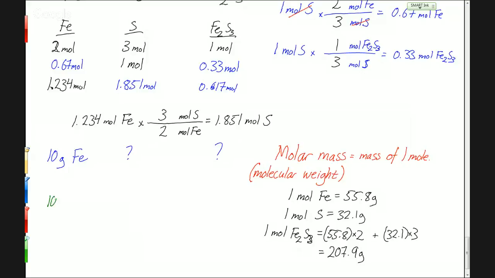We'd start with our 10 grams of iron. And then we get a quantity that takes us from grams of iron to moles of iron. That's going to be our molecular weight. We'll fill in the numbers in a minute. Let's get everything set up first.